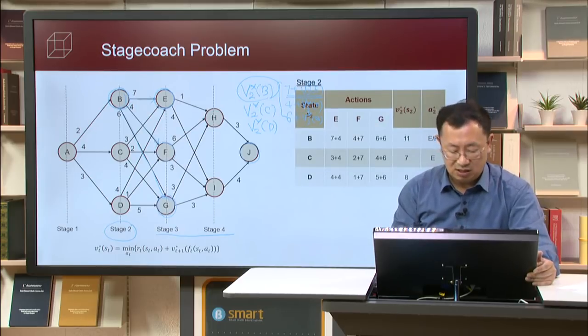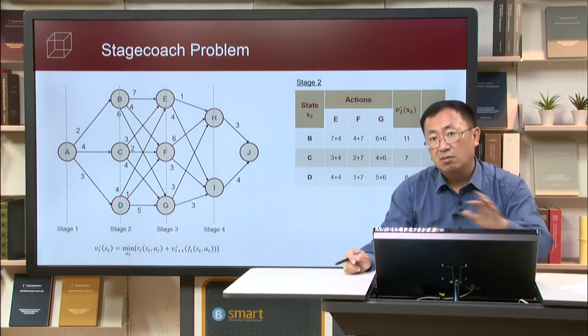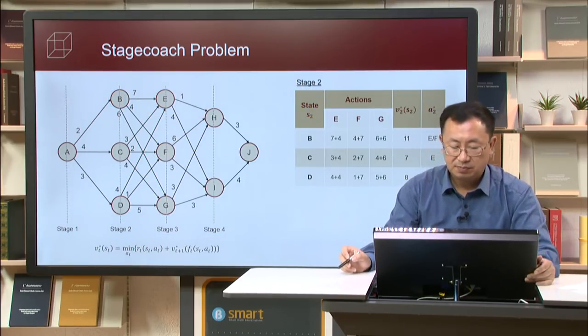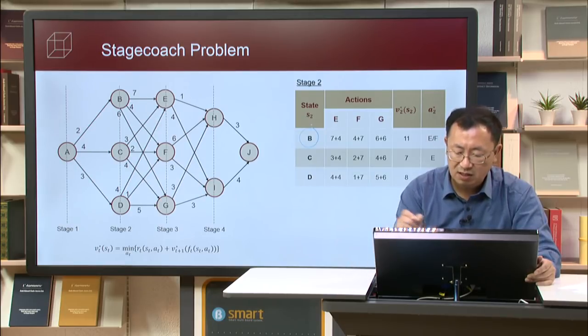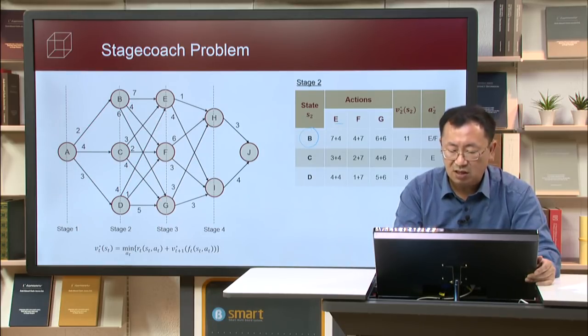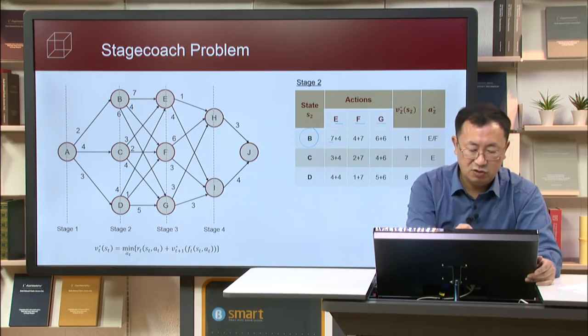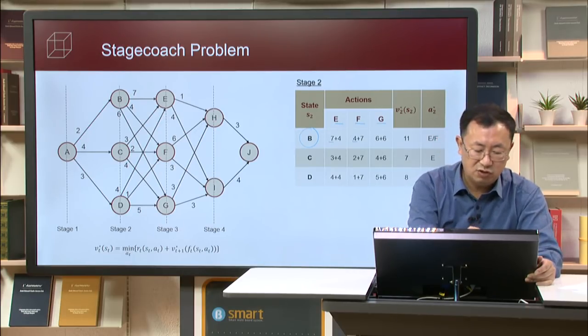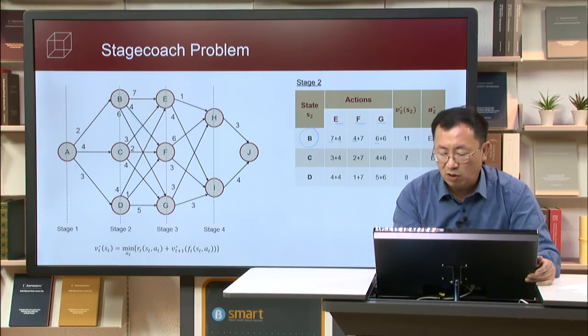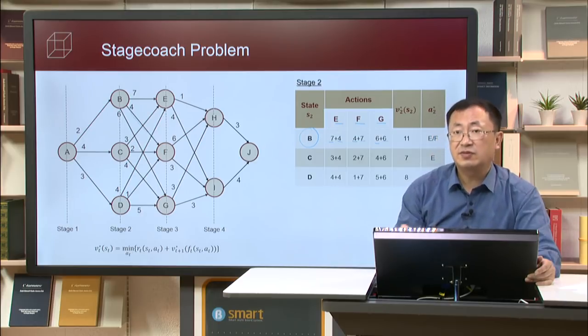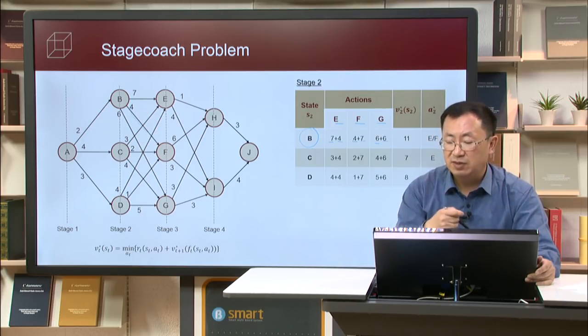So I can express this by using this table. For B, you choose E, F, G, right? And the 7 if you choose E, 4 if you choose F, and 6 if you choose G. And the 4, 7, 6 come from the table from the previous slide.